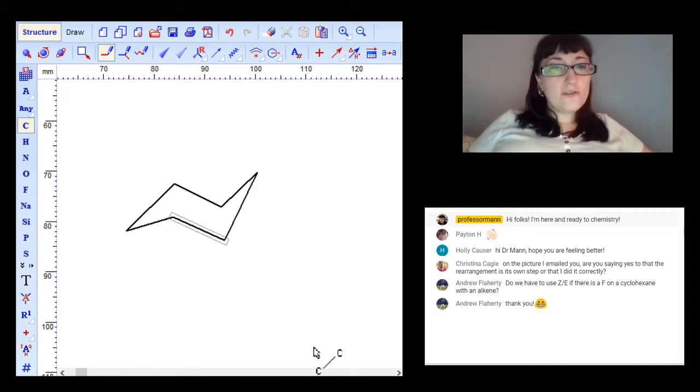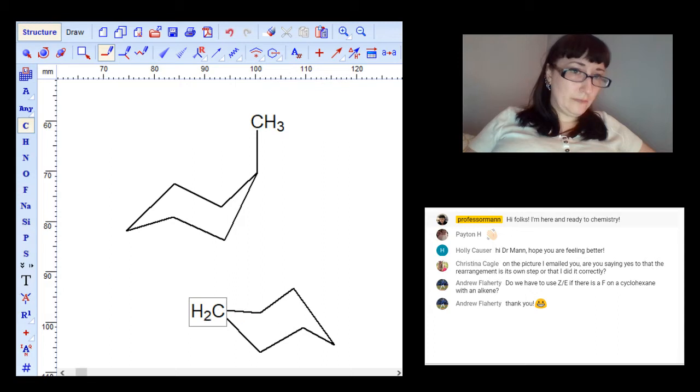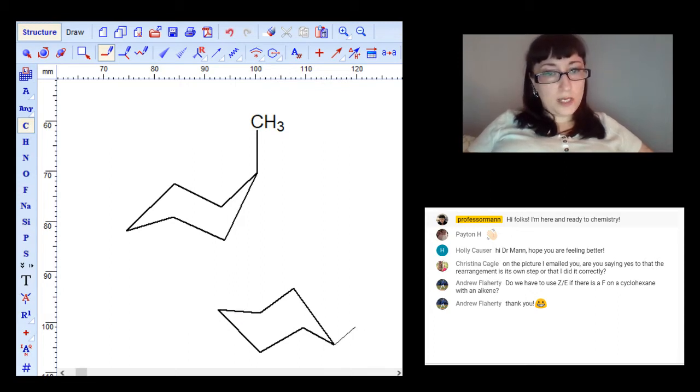So let's have a chair conformation here of methyl cyclohexane, right? I'm going to flip the chair, at least attempt to. Okay, so now it's pointing up over there, right?